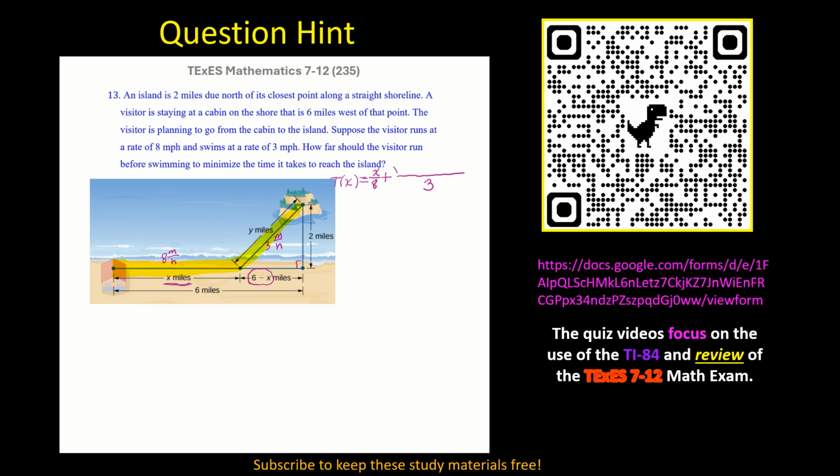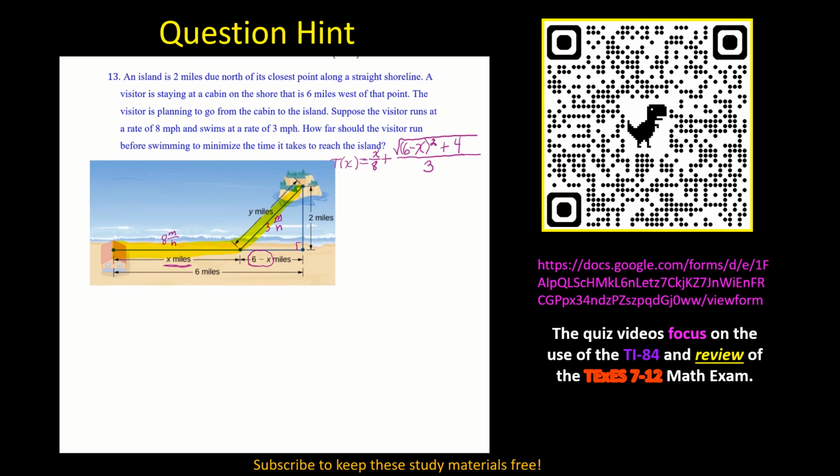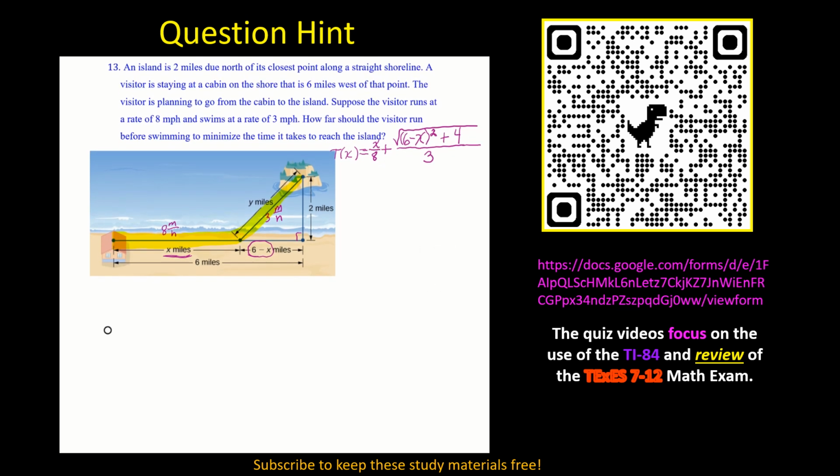So we have the square root. Under the square root, we need to square each leg of that triangle: (6 minus x) squared, and 2 times 2 is 4. Okay, that is our initial setup. That's our initial equation that we need to use.